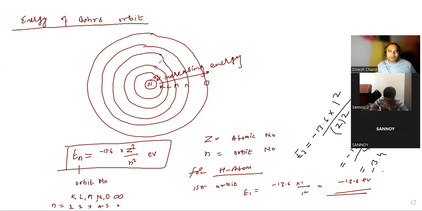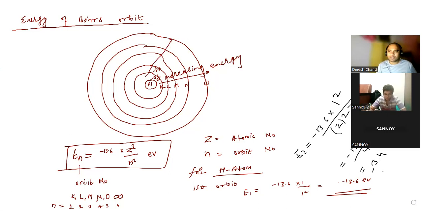Minus 3.4 volts. Thank you very much. So is this increased or decreased compared to minus 13.6? Sir, minus 3.4 is greater, so it is increased. So as it goes away, it is going to increase, right?